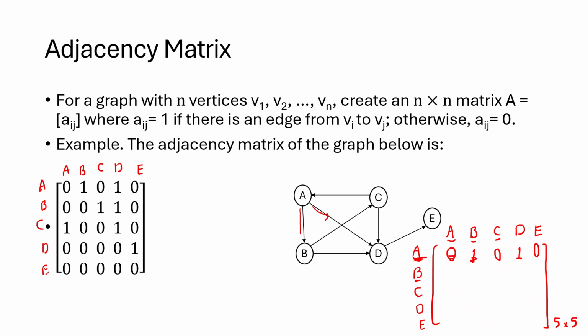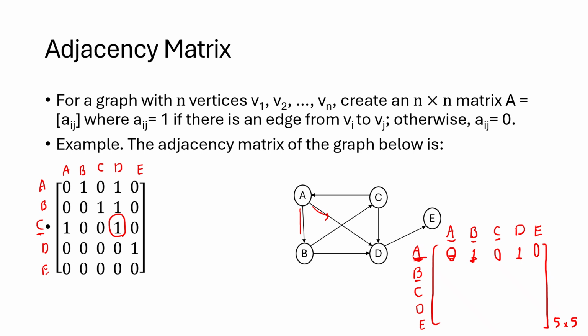Now, let's say your algorithm wants to know whether there is an edge going from C to, say, D. What it needs to do is go to the row representing C, which is the third row, and to the column representing D, which is the fourth column. So third row, fourth column, this is the entry. So it looks up that entry and it sees that it's a 1. So it realizes that there is an edge going from C to D.